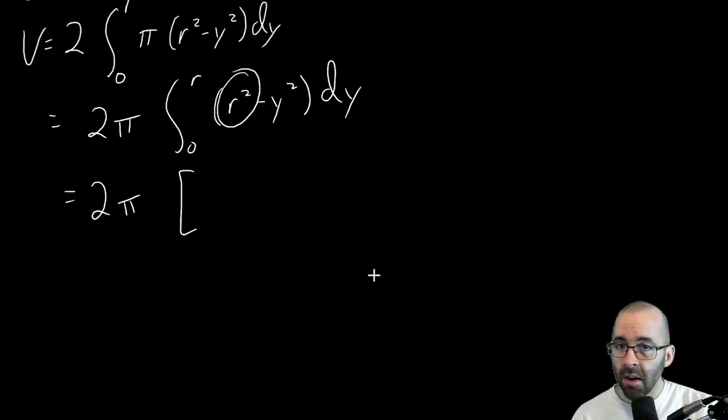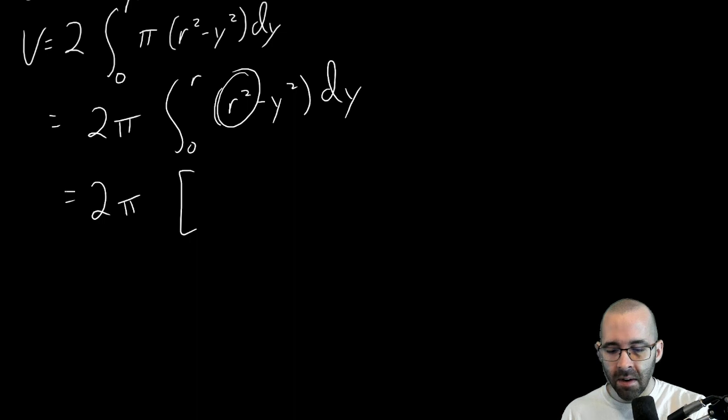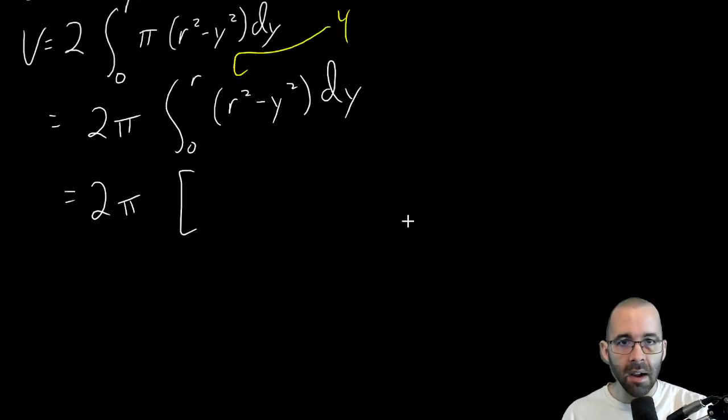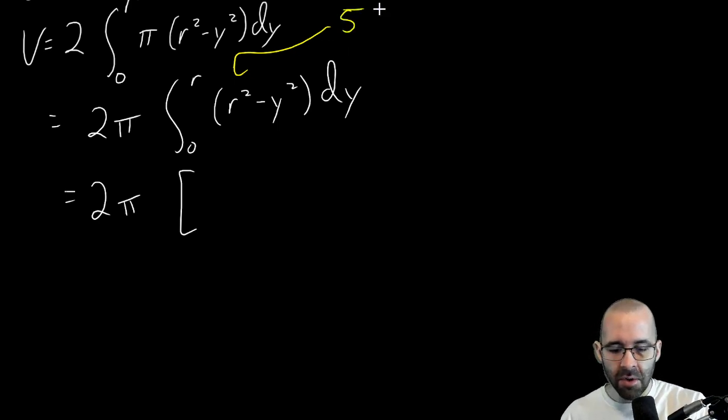So this is not r cubed over 3. That would be the antiderivative with respect to r. But here, think of r as just a number. What's the antiderivative of 4 with respect to y? It's just 4y. What's the antiderivative of 5 with respect to y? It's just 5y.